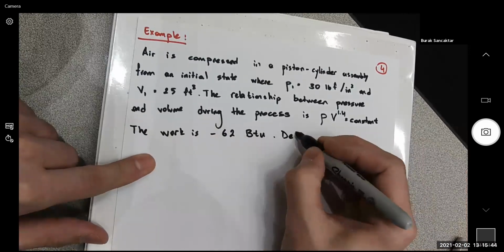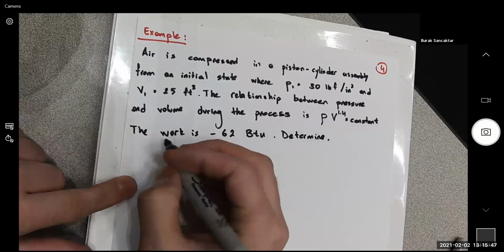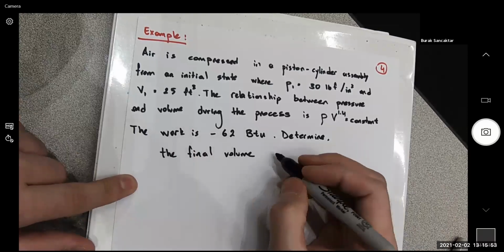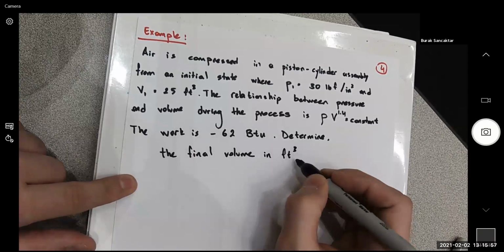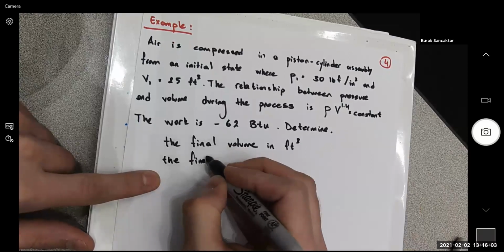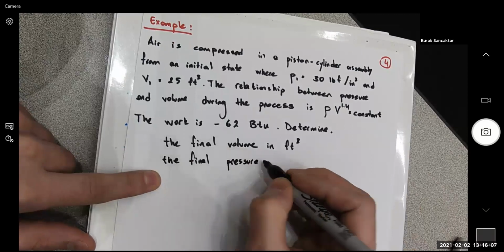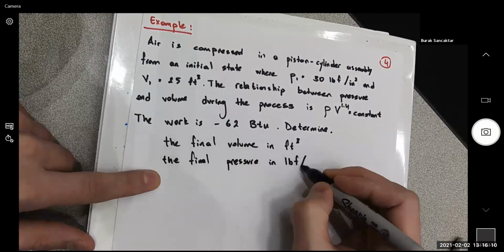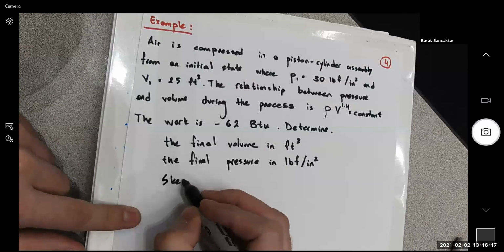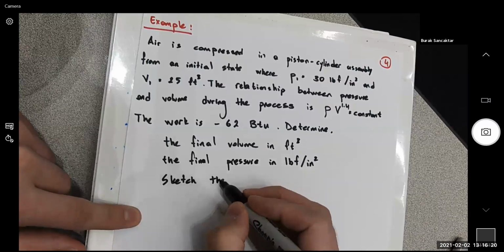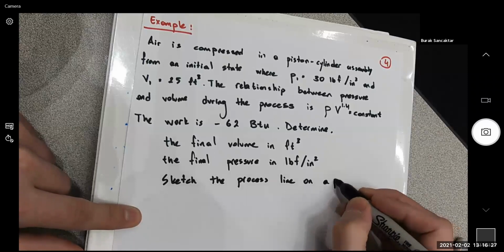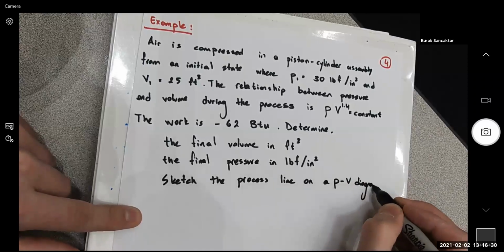For us to determine the final volume, the final pressure in pound force per inch squared, and sketch the process line on a PV diagram.